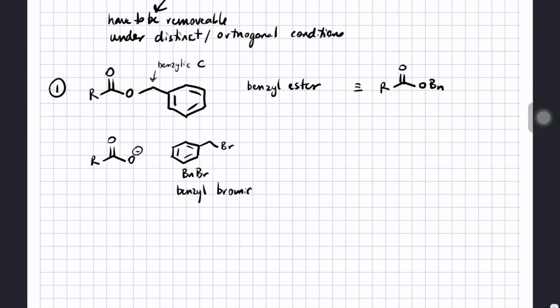And the mechanism here is just an SN2 mechanism, and that will give you the benzyl ester. Of course, if you wanted to, you could make this ester from the carboxylic acid and benzyl alcohol under acid catalyzed conditions. In practice, this protection reaction is the one that is most often used to make the benzyl ester protecting group.